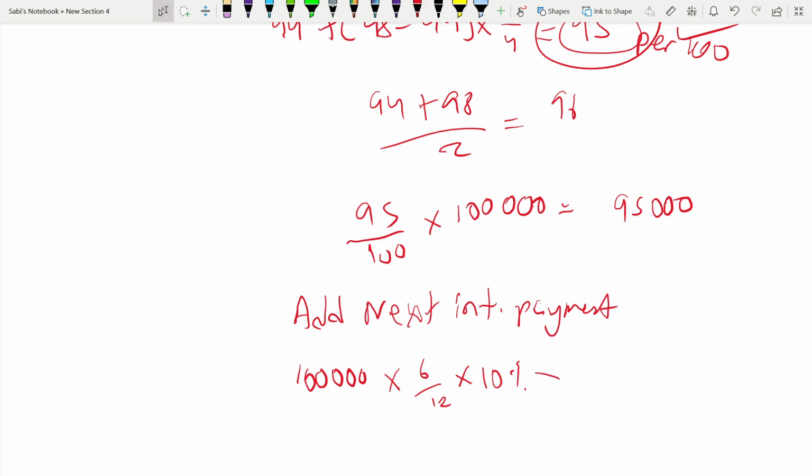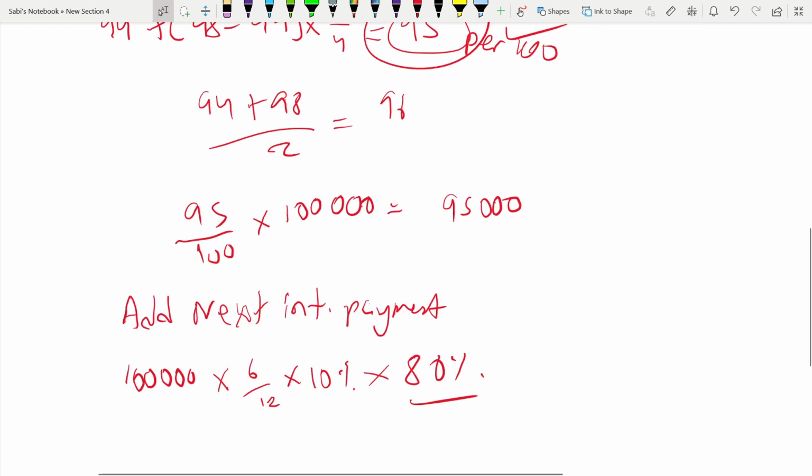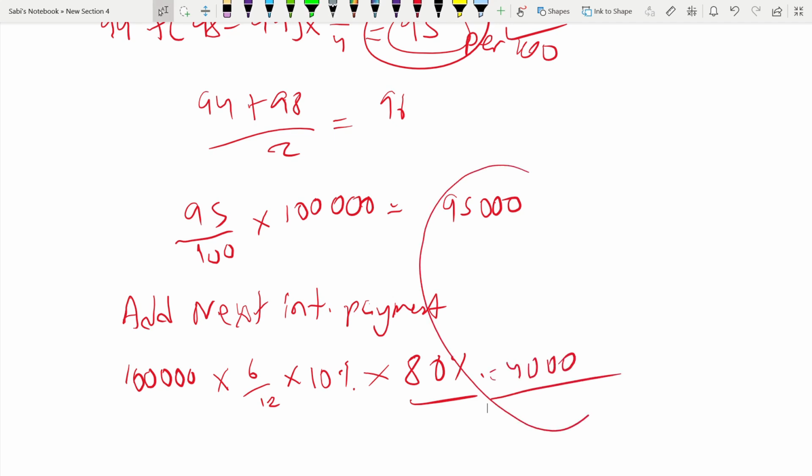This is net of tax. Net of tax means after deducting tax. What is the tax rate? 20%. After tax, it will be 80%. So do not forget this 80%. Most of you will forget this 80%, which is 4,000. So 4,000 you add with 95,000, it adds up to 99,000. This is the value you have to include in the estate. This is the capital value of the loan.